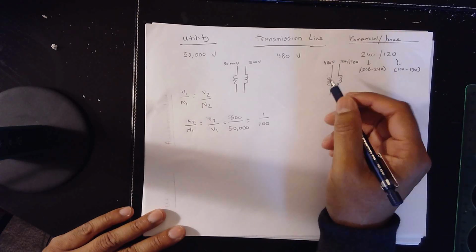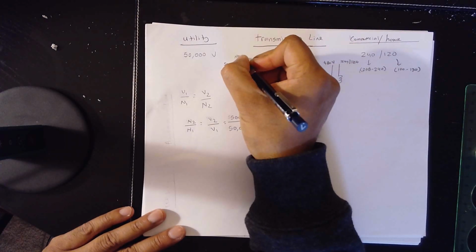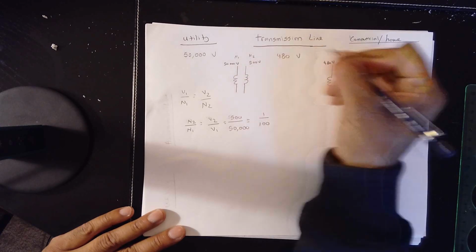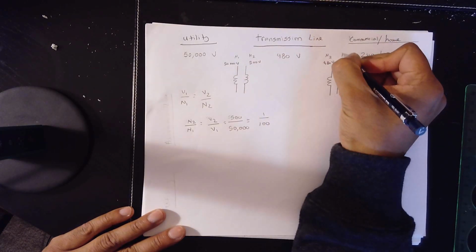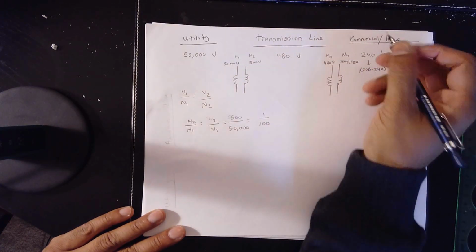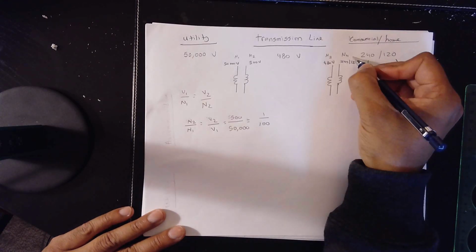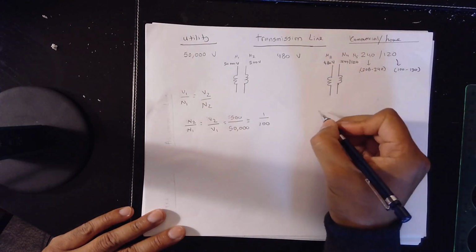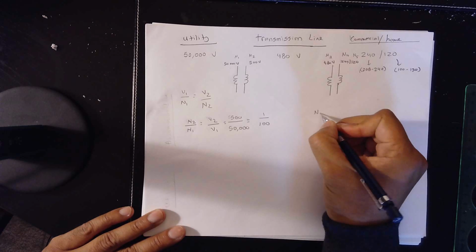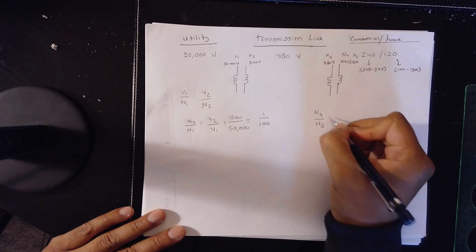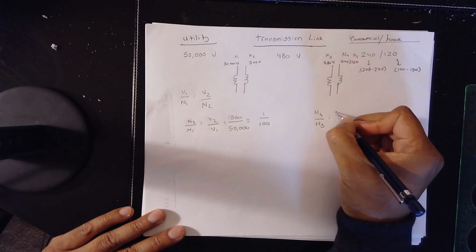Let's do this one. Let's call this N1, N2, N3, N4, right? And let's just call this N5 for whatever reason, right? So N4 over N3 is what? 240.